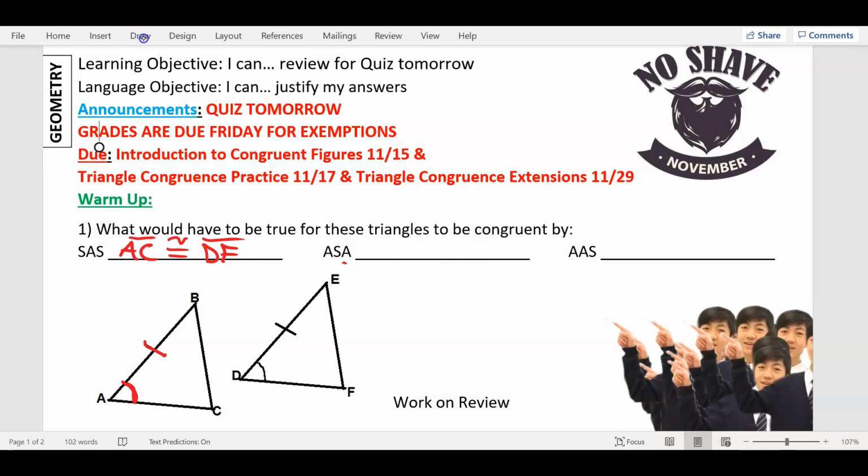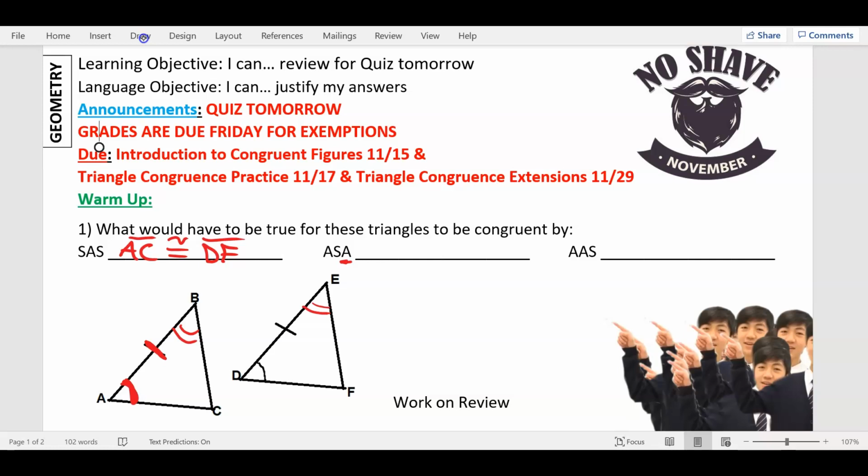So everybody, follow me. Is everyone looking up here? Okay, here's my angle, angle A. Here's my side, AB. I need one more angle. What would the angle have to be? What's the name of this angle? Angle B, right? Put 2 arcs there. And on the other side, the matching one is angle E.